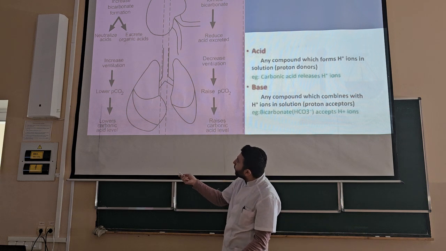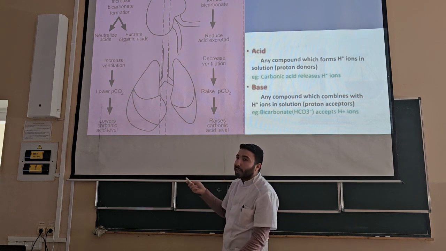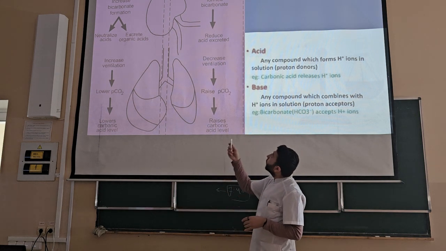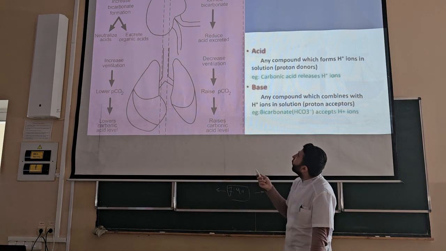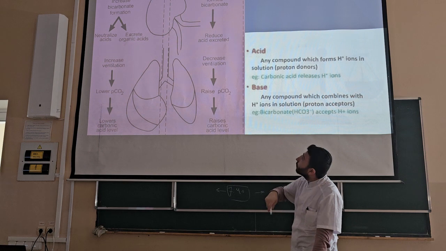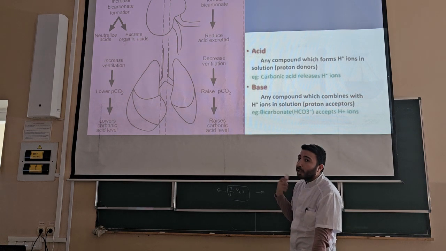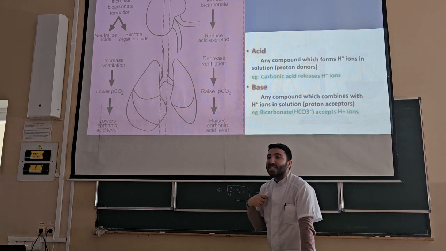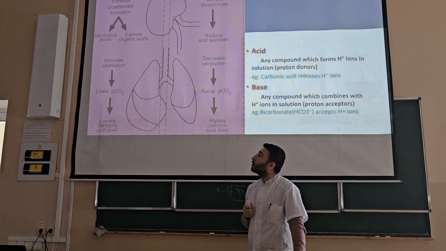The result will be lower carbonic acid in the blood, or in the medium itself. In the alkalosis, it's the opposite: it excretes bicarbonate. These excretions will also reduce the acid excretions from the medium.